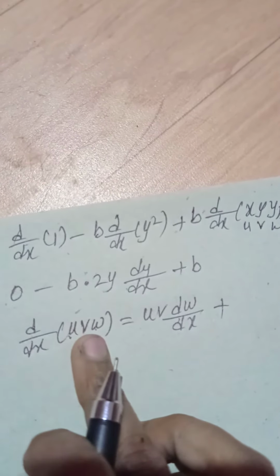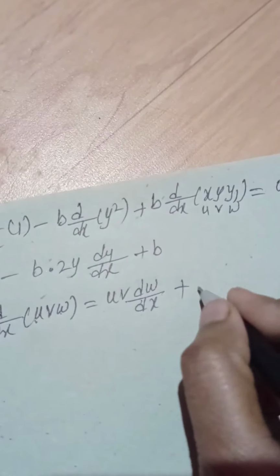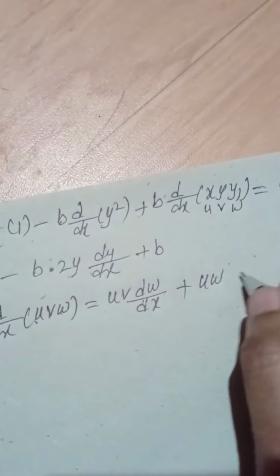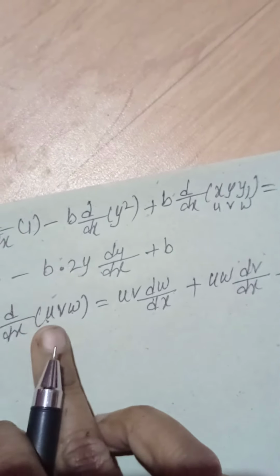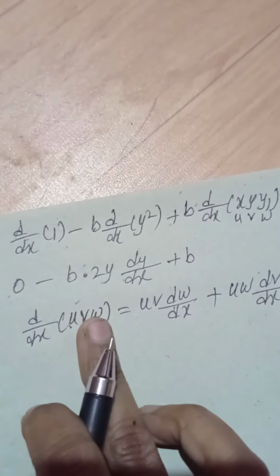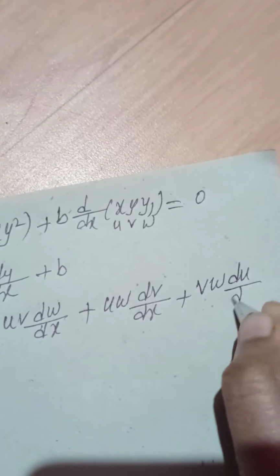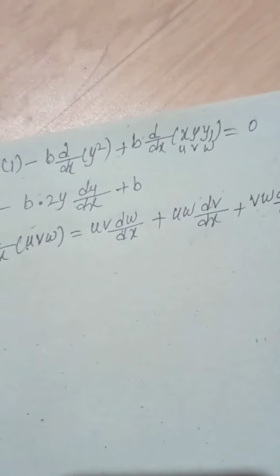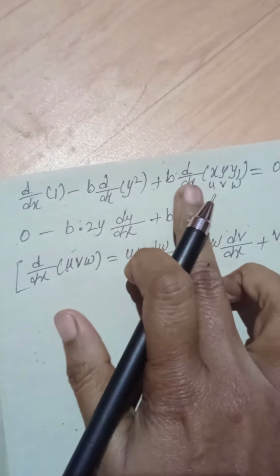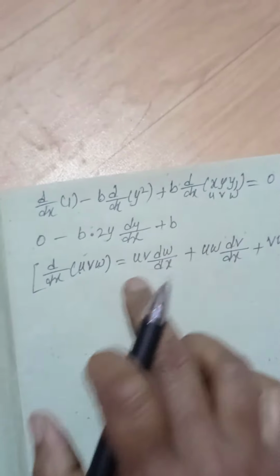Next to differentiate v, u, w constant, differentiate v, dv by dx. Next differentiate u, v w constant, du by dx. So here apply this formula, since we have three functions x, y, y1.